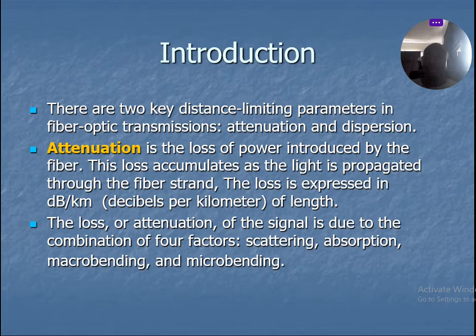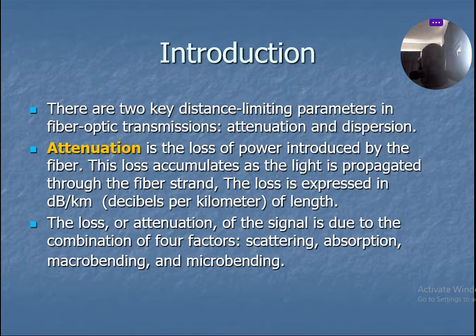Your signal keeps getting lost, and the strength keeps getting reduced. Remember, this reduction of signal strength is what we call attenuation. So we are indirectly saying there are four factors that are responsible for attenuation in signals that are being transmitted or propagated in optical fiber.